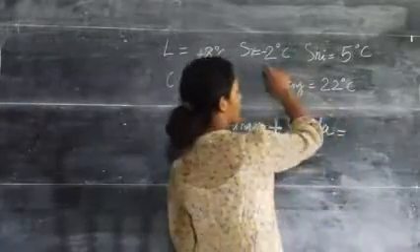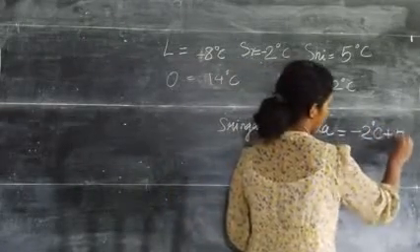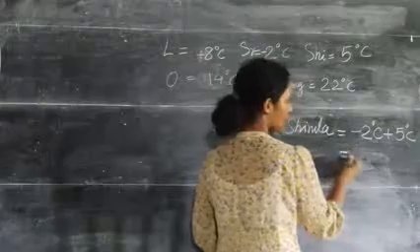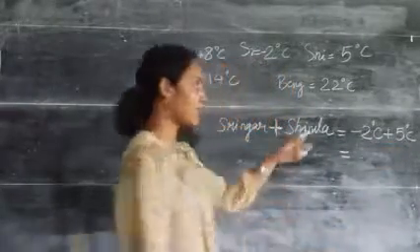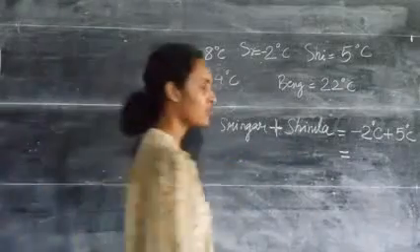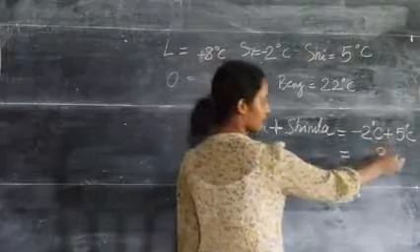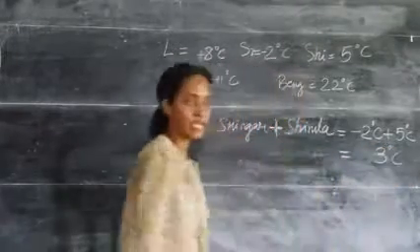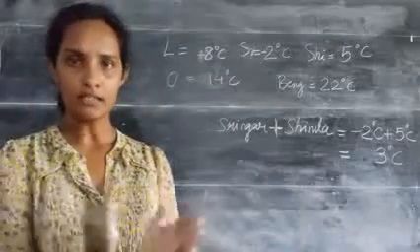So what is the temperature of Srinagar and Shimla? Minus 2 degrees Celsius plus 5 degrees Celsius. So what is the answer? Minus plus minus. So 5 minus 2 is 3. And what is the answer sign? Plus, because 5 is a greater number. So 3 degrees Celsius is the temperature of Srinagar and Shimla taken together.